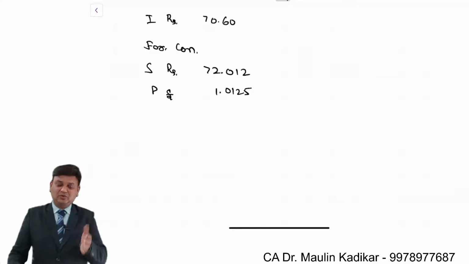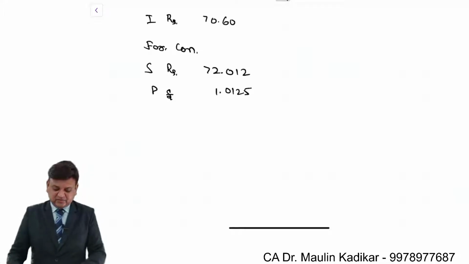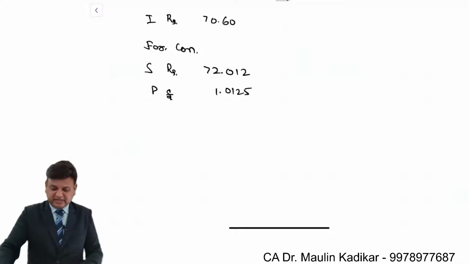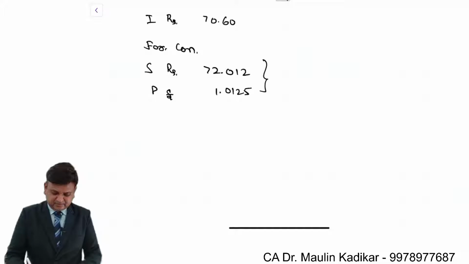So what should the bank do? Bank should ask for higher amount of the rupees from you. So the break-even rate is 72.012 divided by 1.0125. So the break-even rate is 71.1229 or 1230.